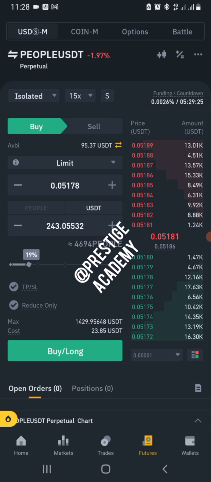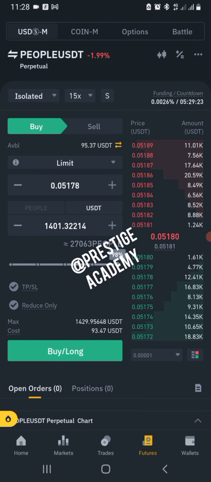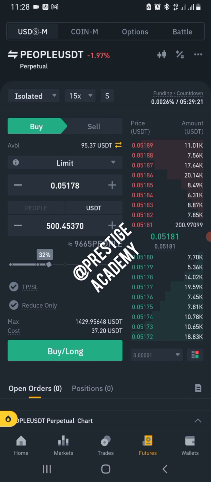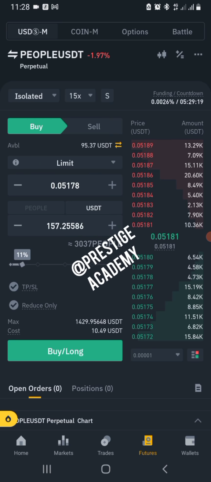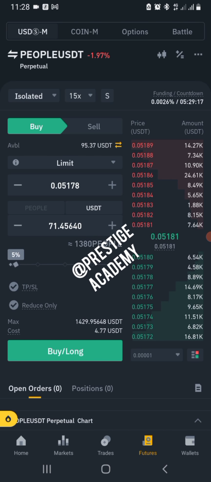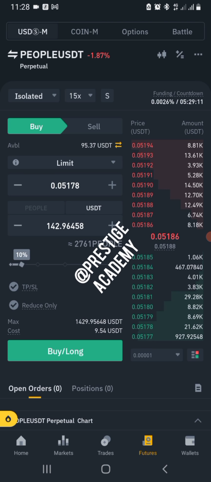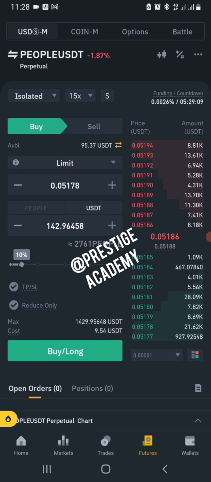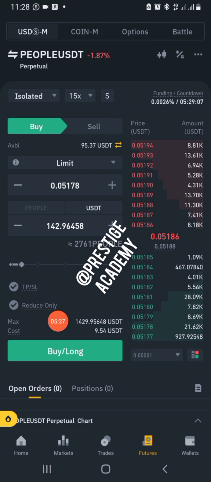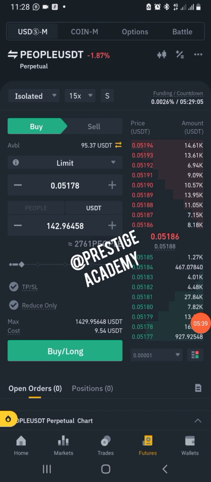This is where you select what percentage of your margin, how much of the money you have in your portfolio, you want to use to trade. As you can see, 10% of $95 is $9. It's showing here as I'm dragging this cursor, so be watching it.